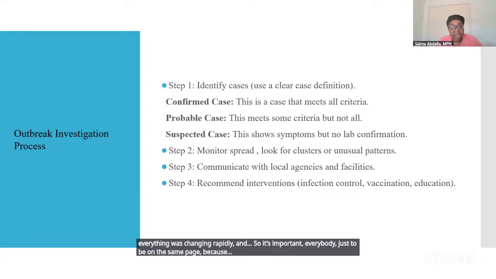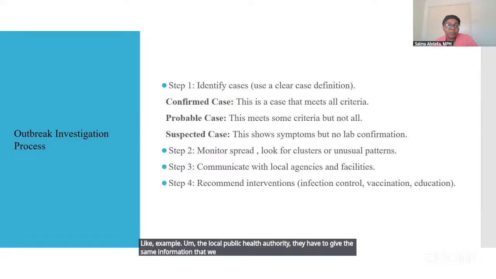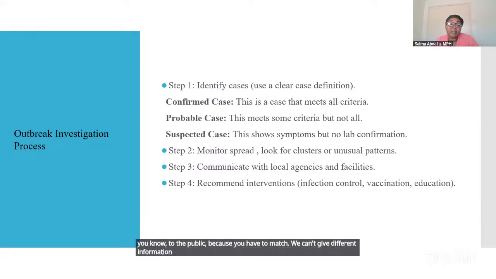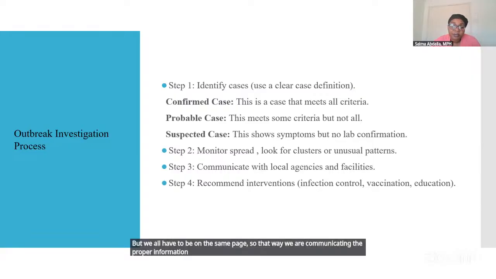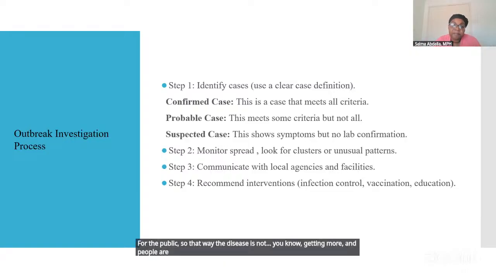For example, the local public health authority has to give the public the same information that we give, because they have to match. We can't give different information because it will make people more confused and more chaotic. We all have to be on the same page so we are communicating the proper information to the public, so that the disease is not spreading more and people are not getting affected.